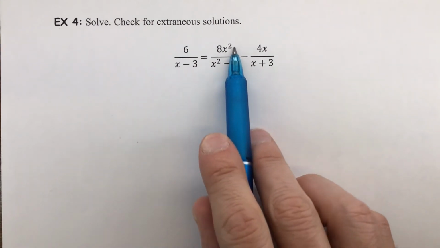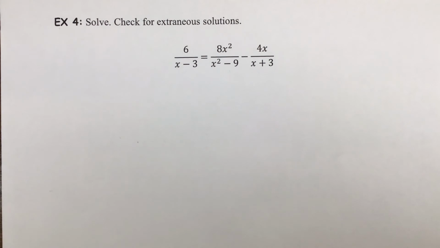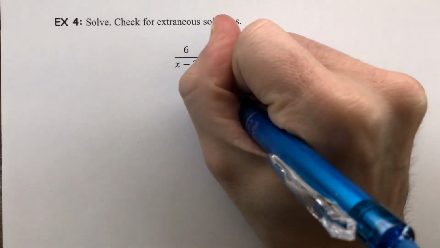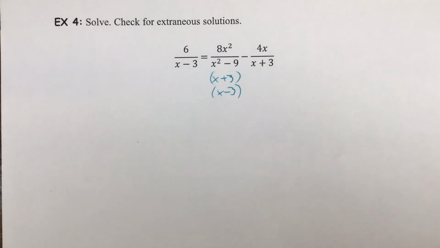This middle expression that we have here, the bottom is in standard form. But if we factor it, and I hope you recognize that's the difference of squares, you're going to get x plus 3 and an x minus 3, which happen to be the denominators that we have in the other two. So the first fraction is going to need to get an x plus 3.